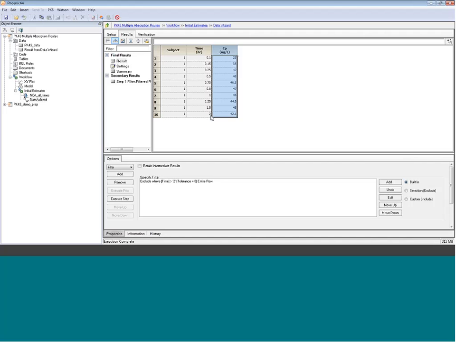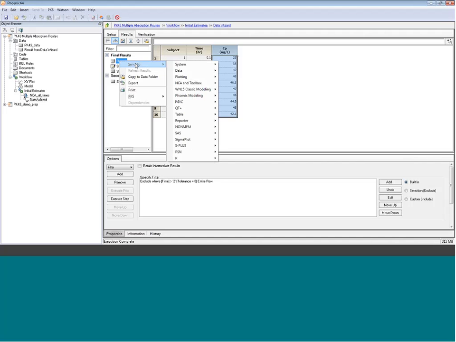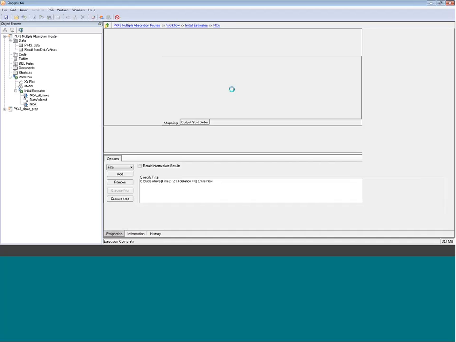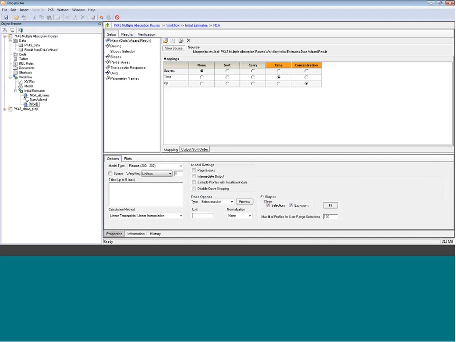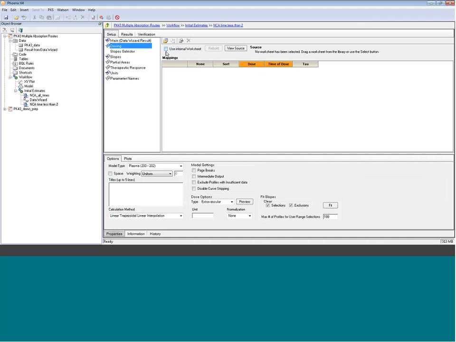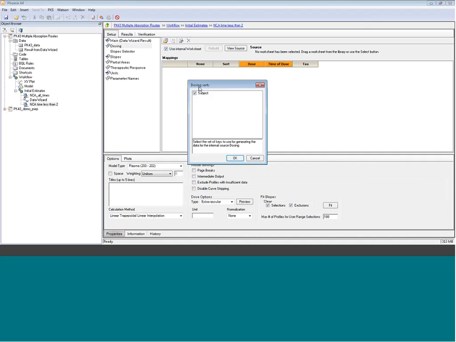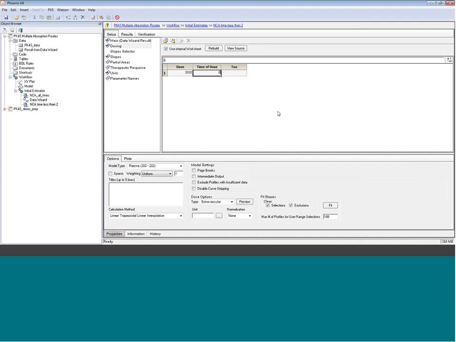And then I'll take this result from the data wizard and send this to another NCA object. And I'll call this NCA time less than 2. Okay, and enter in the administered dose, which is again 2,000 at time 0.